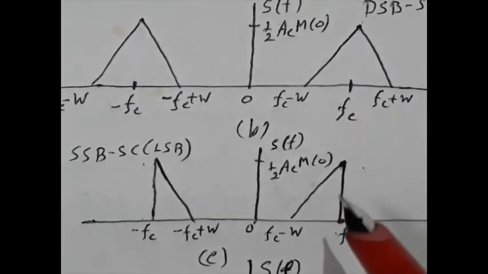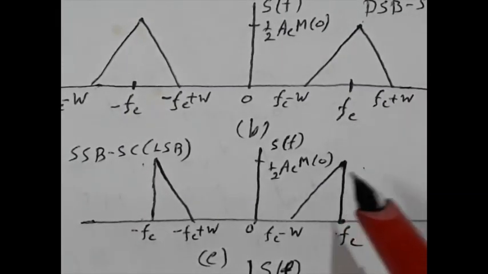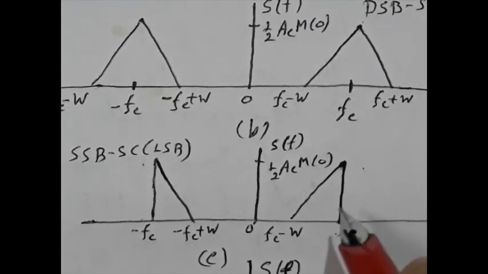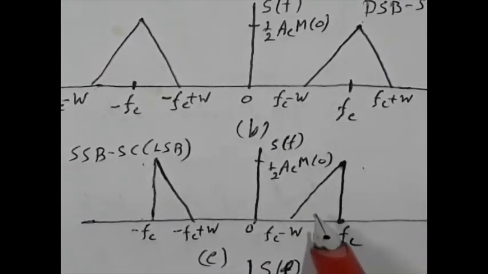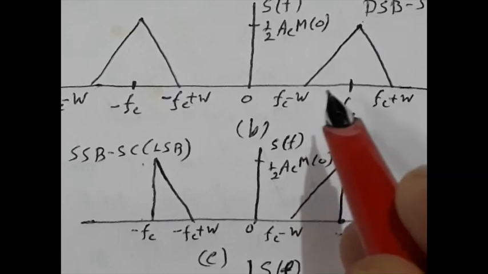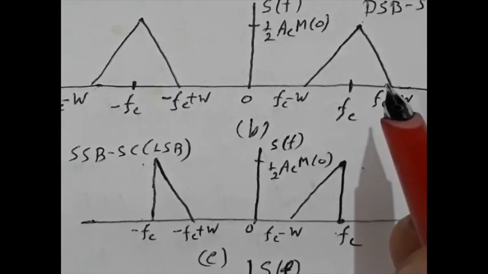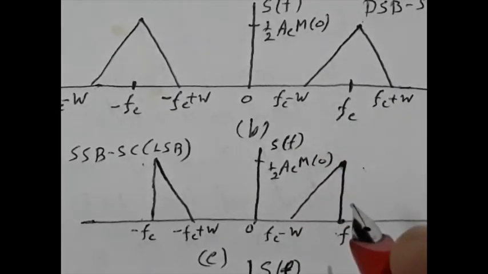But if we want to make a compromise between SSB-SC and DSB-SC, for SSB-SC the cost of the receiver is very high, for DSB-SC the bandwidth becomes very high. So what if we allow a portion of the other sideband, the suppressed sideband of the SSB-SC?